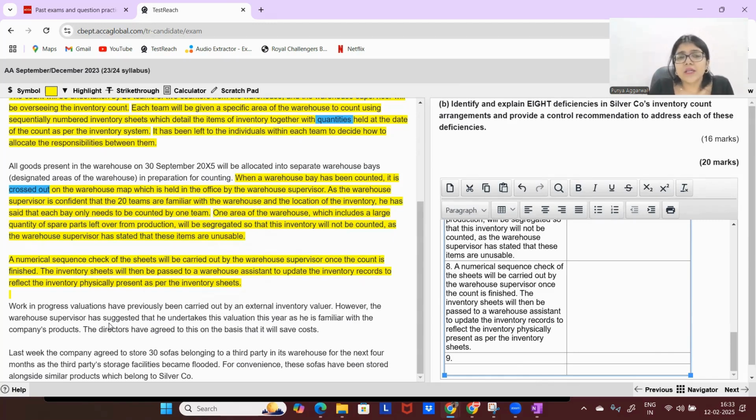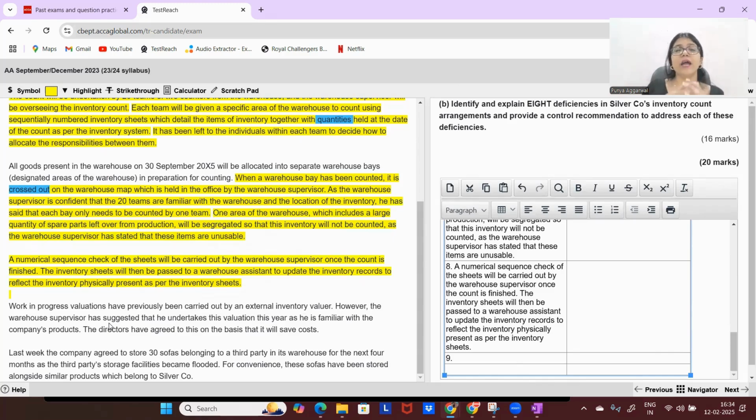So do you think that the person, who is he? He's a warehouse supervisor. Okay, do you think he has the expertise, the knowledge, the experience that he can carry out the work in progress valuations? No, work in progress valuations is a very technical area, a very technical field for which we have a separate valuer. Like here we also have an external inventory valuer, right?